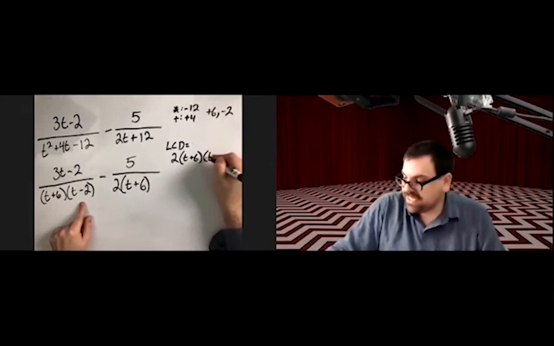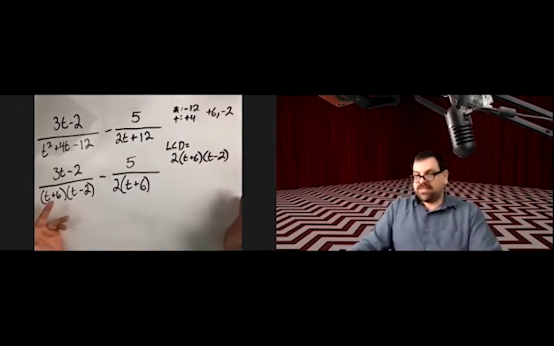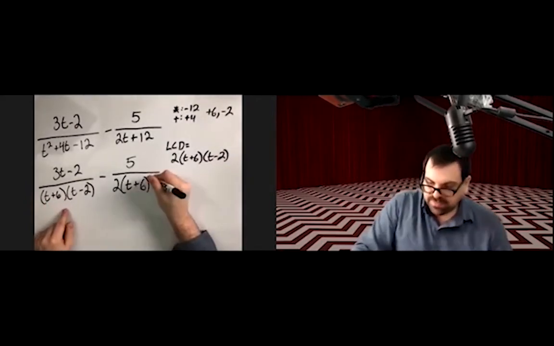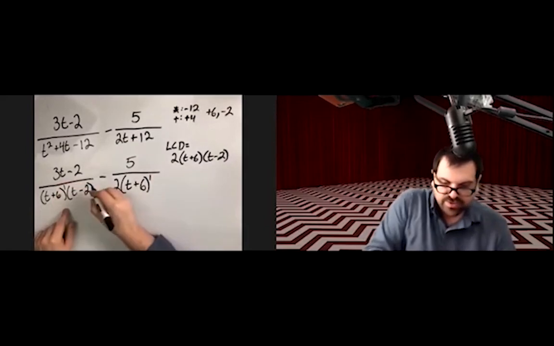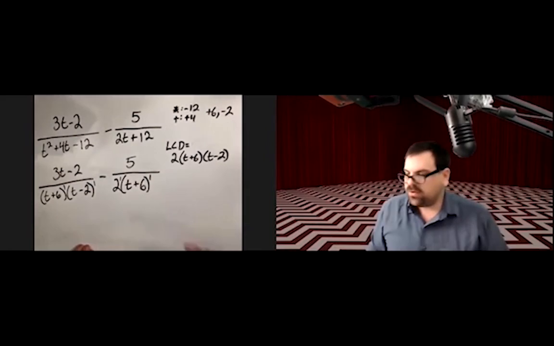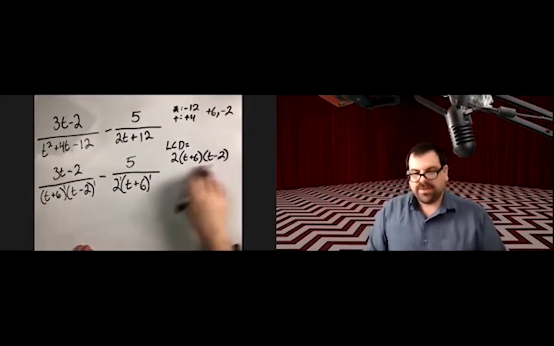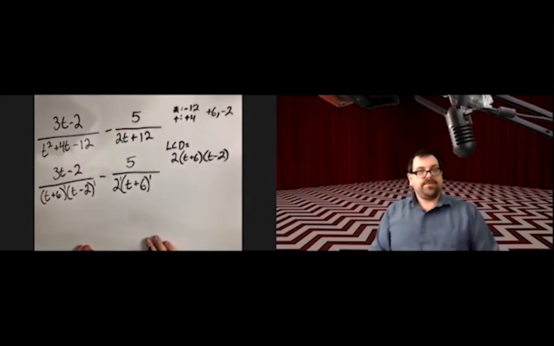We have a factor of t minus 2. So we take every factor to the highest power shown. The highest power of t plus 6 that we see is just the first, the highest power of t minus 2 is the first, and the highest power of 2 is the first. So this is the LCD.